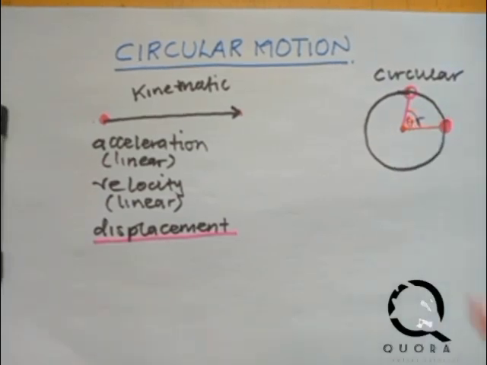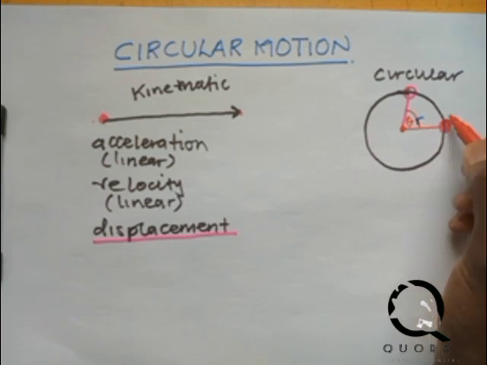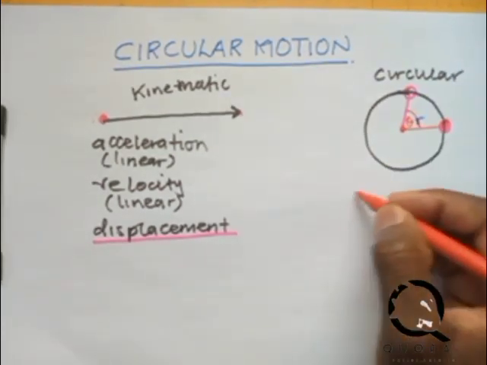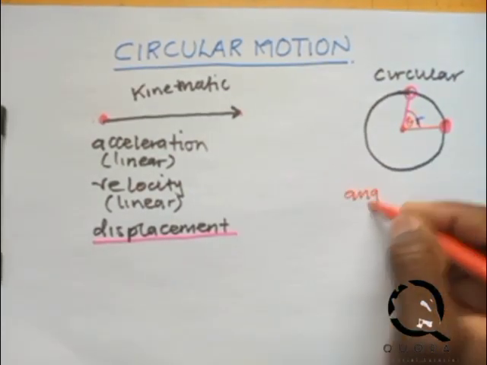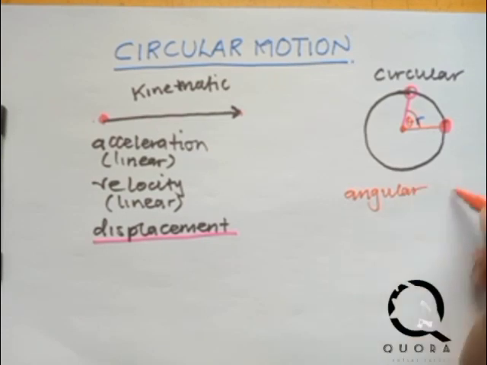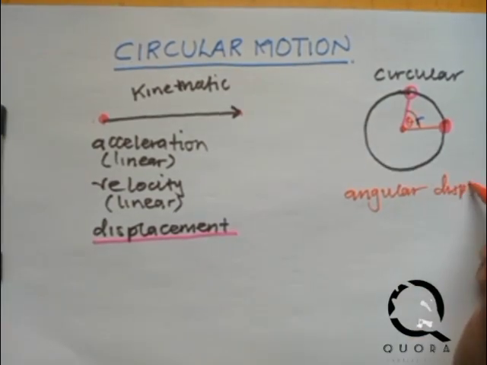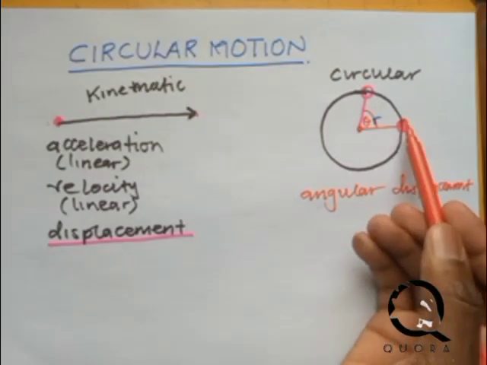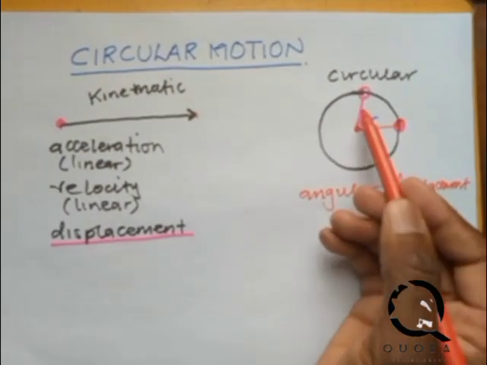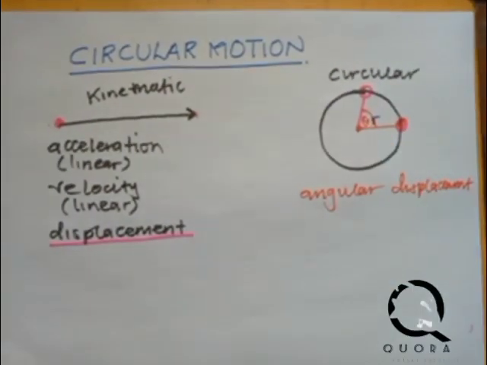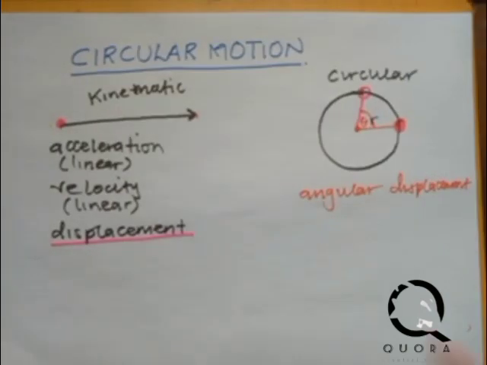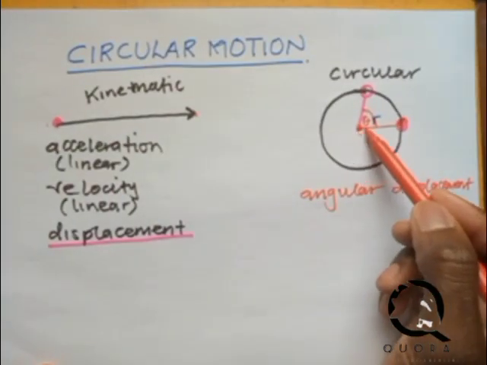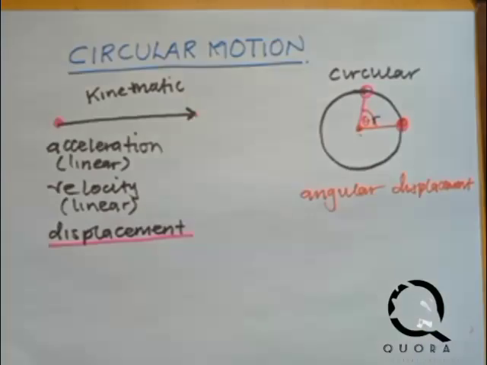And what name is given to the distance that it covers from here up to somewhere there? It is called angular displacement. Why? Because it sweeps a certain distance by covering the angle which is given here. It sweeps this same angle for it to move from this given position to where it is.